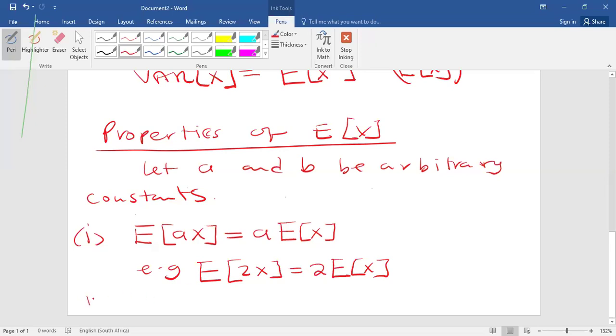Okay, so the second property is... I have a question. Yes, what's the question? What topic is this? It's discrete probability. Now we are looking at expected value and variance.